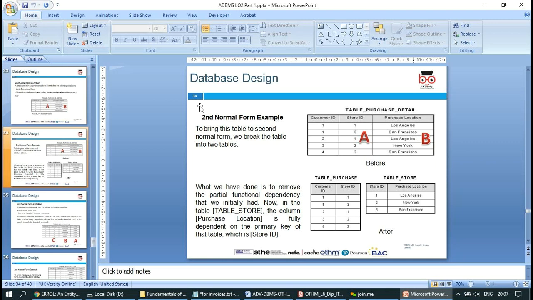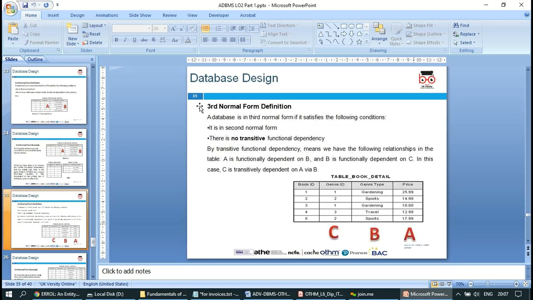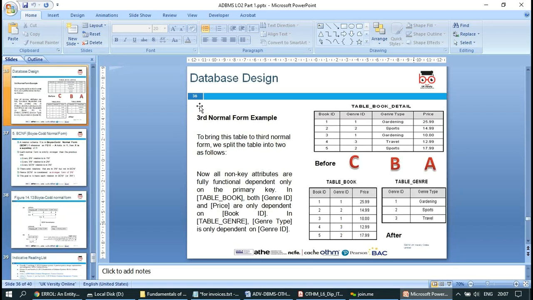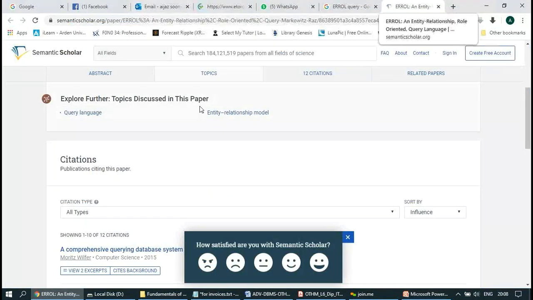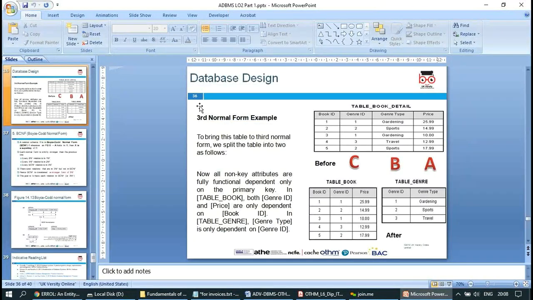So in the third one, what happens? This is a book store, and the price and the genre type, for example gardening, sports, and the genre ID itself, are transitively dependent.